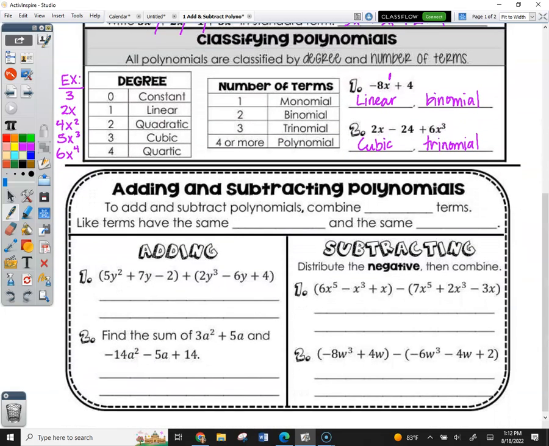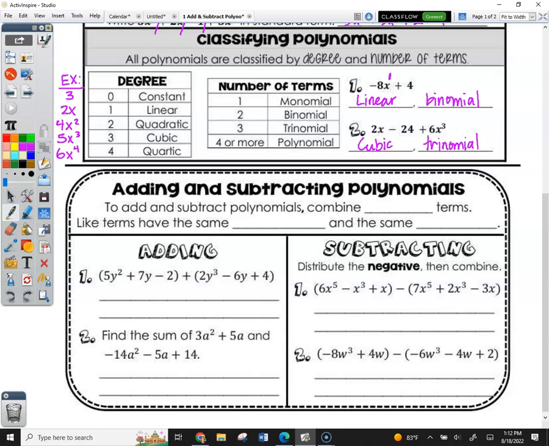Okay, so now we're getting to adding and subtracting. It is what you already know. Like in the warm-up, you added like terms before you started moving things. So that's the same concept.